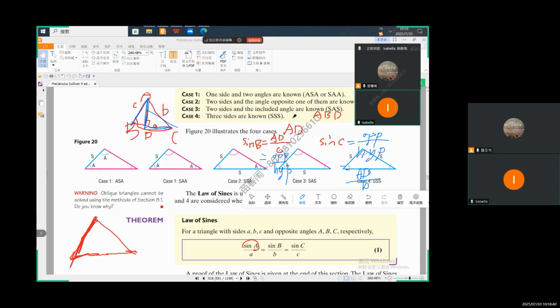Yeah. So AD in both equations. AD equals, for this one, sine B times C, right? Times C. Does that make sense? And for this one, AD also equals B times sine C, right?